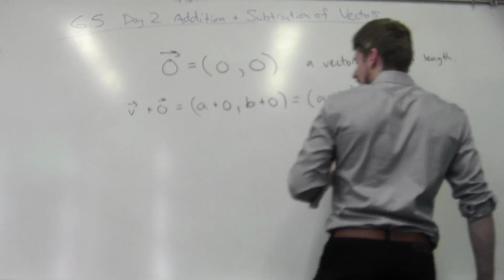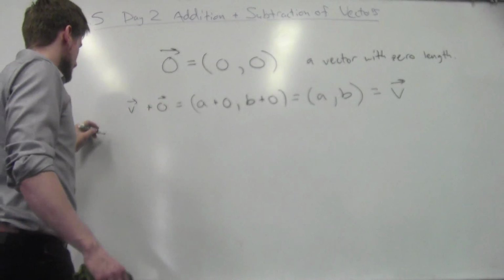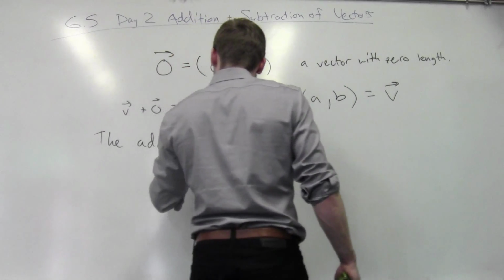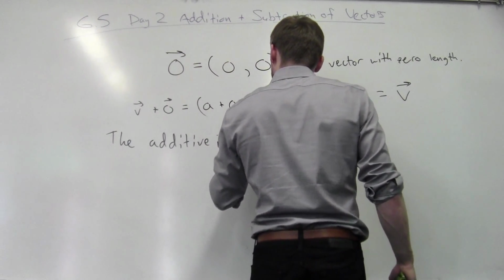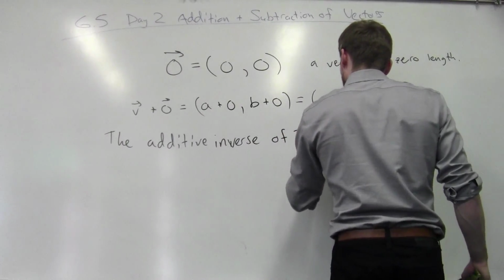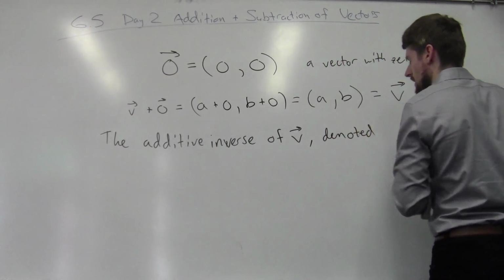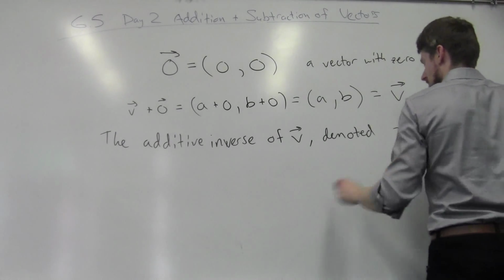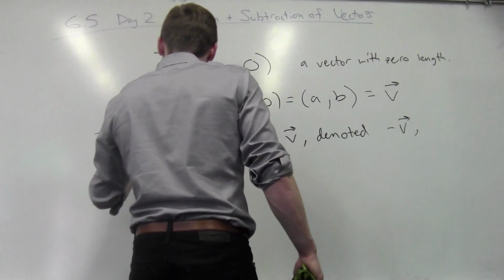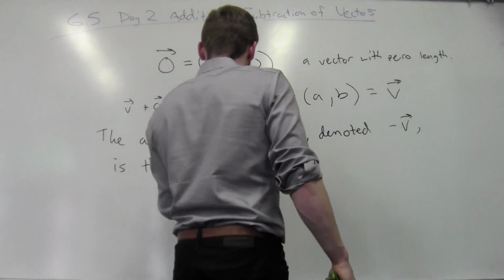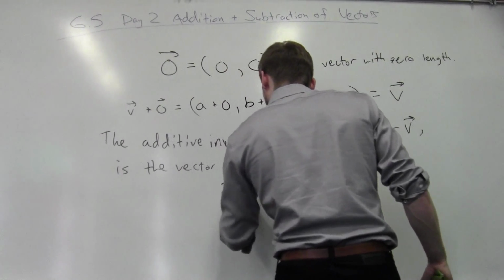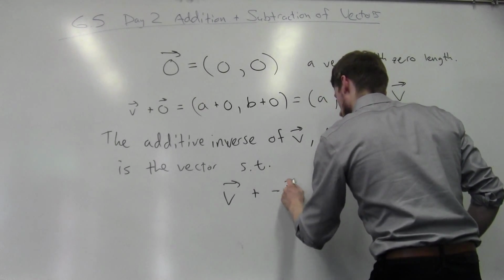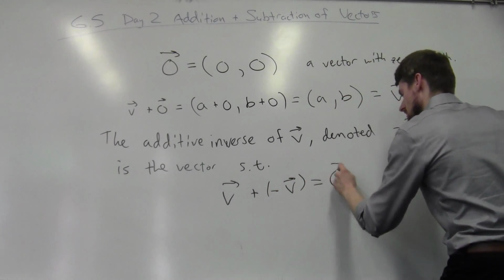So what is the additive inverse of V? The additive inverse of V, and it's denoted with a minus sign, just like in regular math, negative V, is the vector such that V and negative V add to 0.